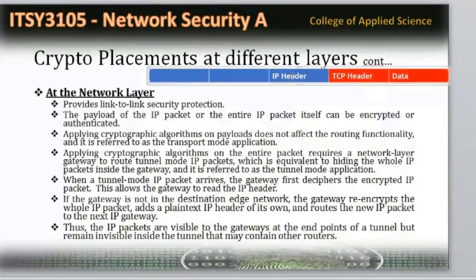So your understanding is that in every layer, you can encrypt the payload part. What is the payload? Payload is nothing but what you receive from the previous layer. Whatever you are receiving, that is your payload part. So the TCP header and data will be encrypted here. The IP header you include and give to the next layer.